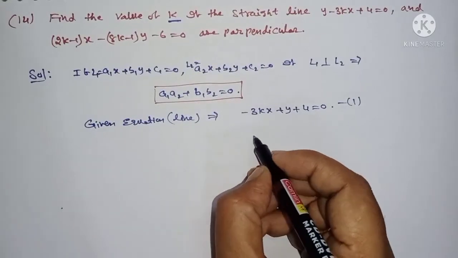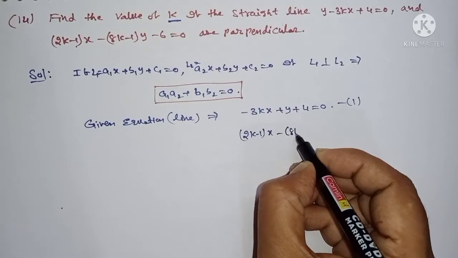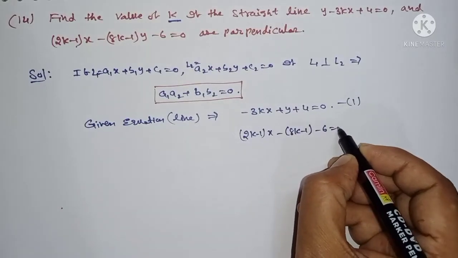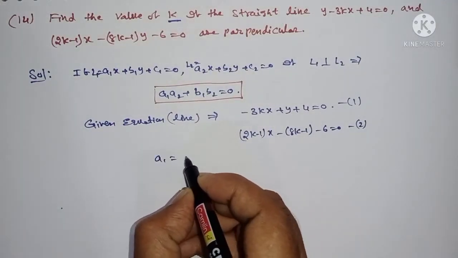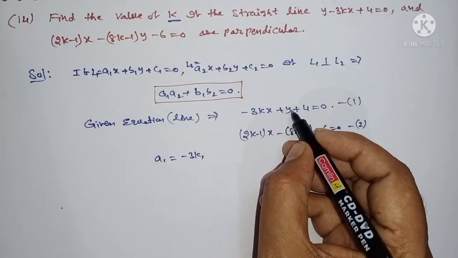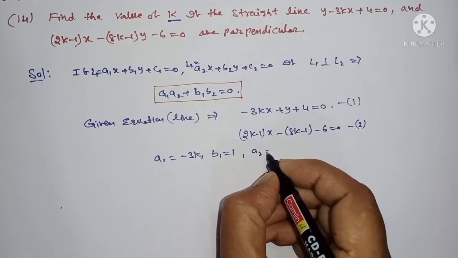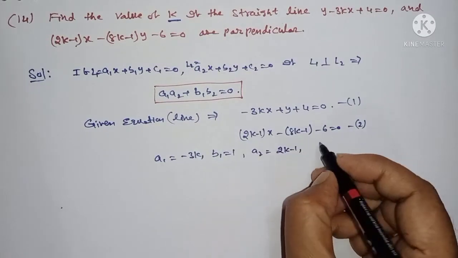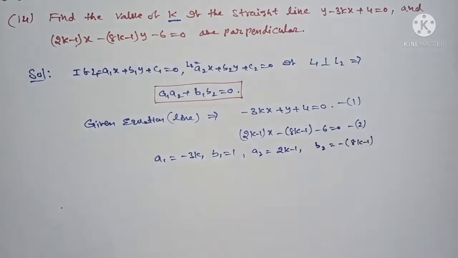And the second one is 2k minus 1 into x minus of 8k minus 1 into y minus 6 is equal to 0. These two lines are given. Therefore a1 is equal to minus 3k, b1 is equal to 1, a2 is equal to 2k minus 1, and b2 is equal to minus of 8k minus 1.